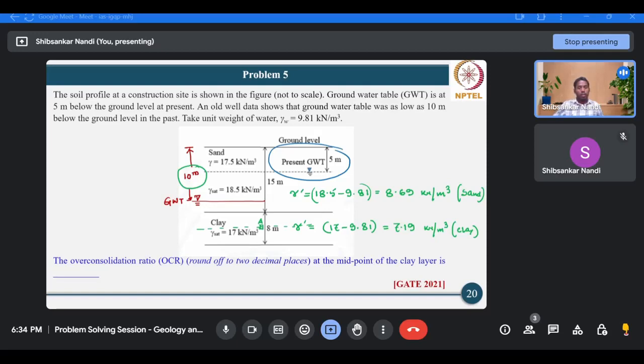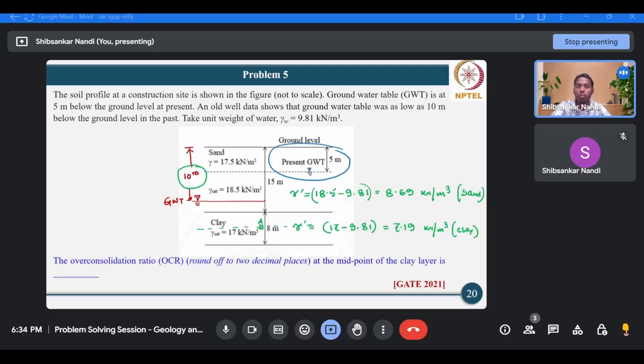So is it okay? So already we have solved a few problems regarding various aspects of primary consolidation settlement. So how to calculate the primary consolidation settlement for normally consolidated clay, over consolidated clay, and then the calculation of over consolidation pressure, and one problem regarding the calculation of void ratios corresponding to different stages of consolidation.